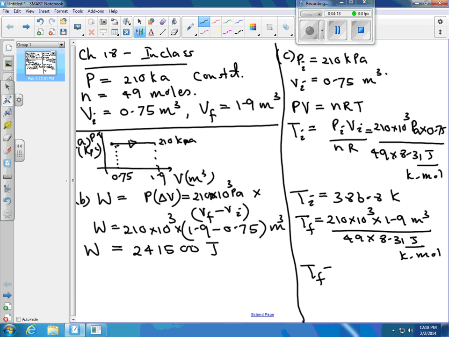If you simplify this, you will have 979.88 Kelvin. So these are the two temperatures that we are interested in.